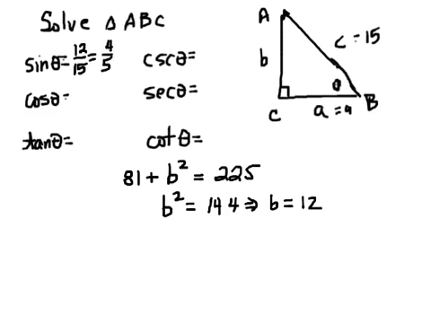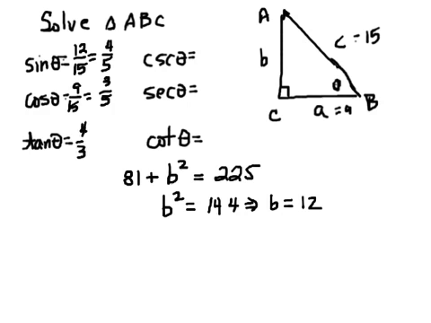Alright, let's deal with our three main trig functions. Second one, cosine of theta, is adjacent over hypotenuse. My adjacent is that 9, and 9 is over 15, and we're going to reduce that as well and make that 3 over 5. And then the last one is 4 over 3, because opposite over adjacent.